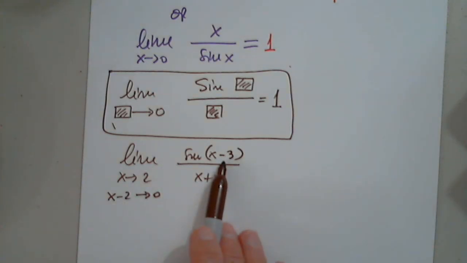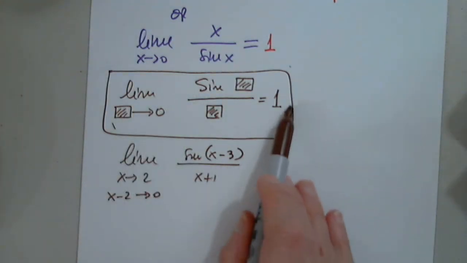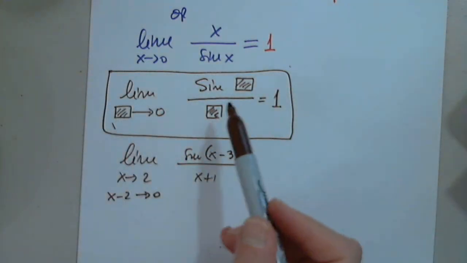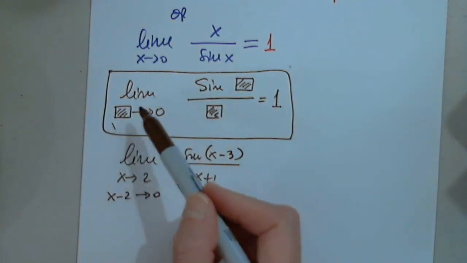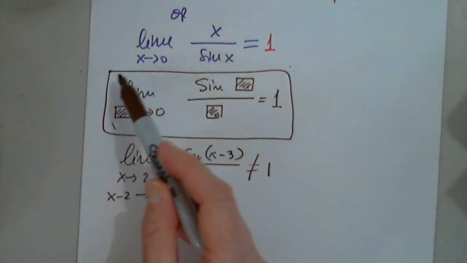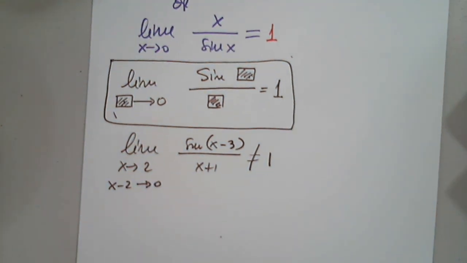But I don't have x minus 2 here, and I don't have x minus 2 here. So this situation does not fit our function and our limit when all three are the same. So I cannot say 1. Whatever it is, maybe the limit may exist or not, but I cannot use this concept because these three are not identical.